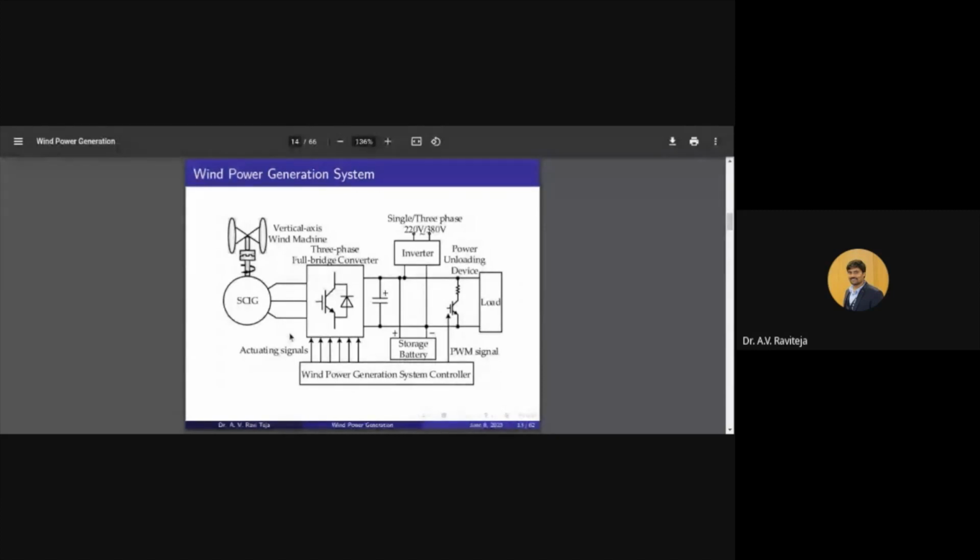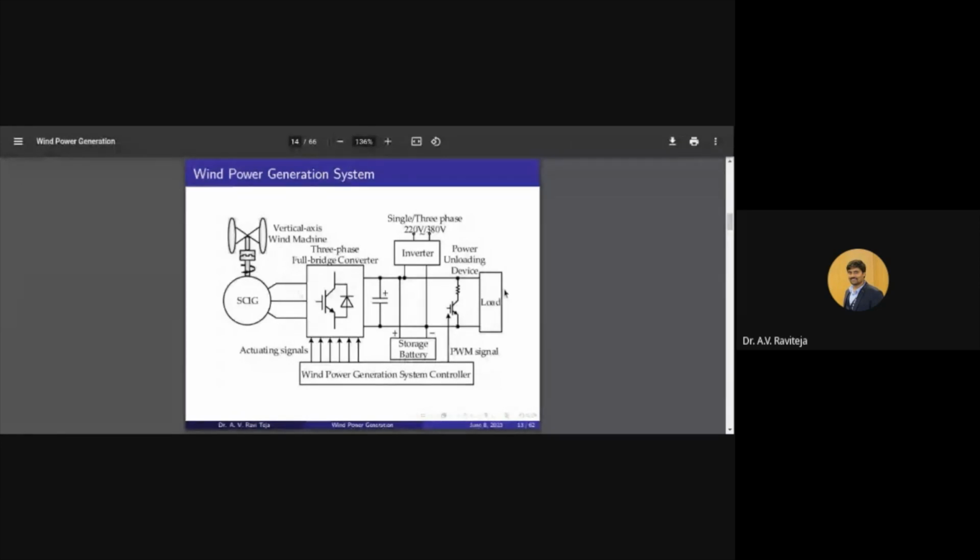Because this AC power that is coming is raw. Raw means the voltage and frequency of this AC power are uncertain. It depends on the turbine speed at which it rotates and other conditions. So how much voltage I will get and at what frequency will keep on changing.